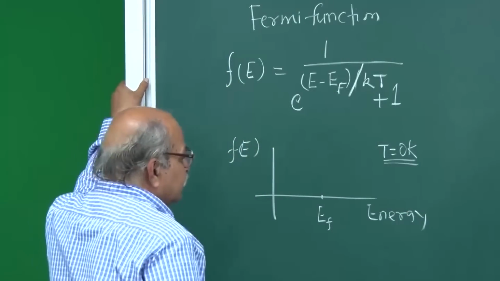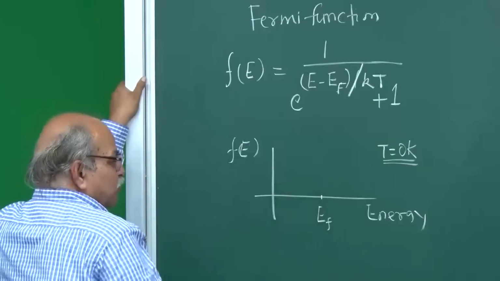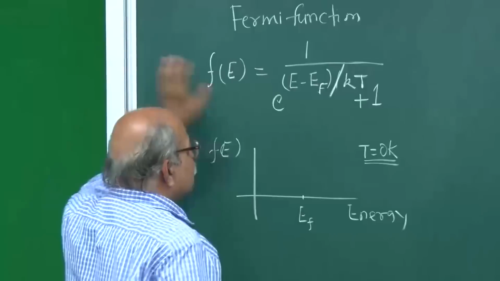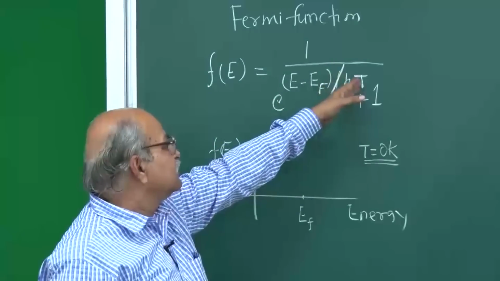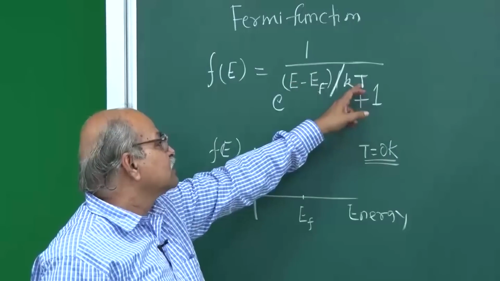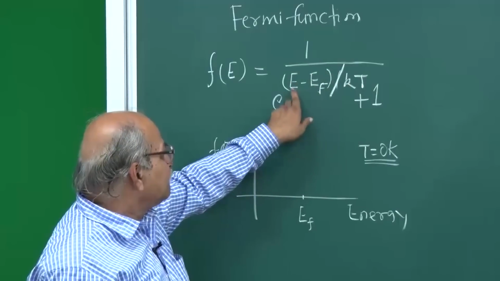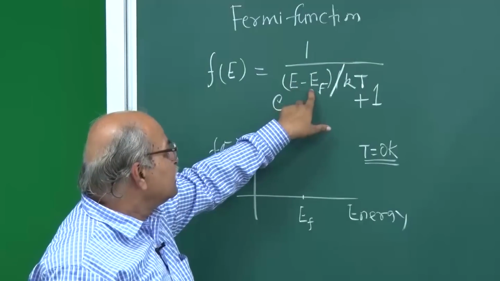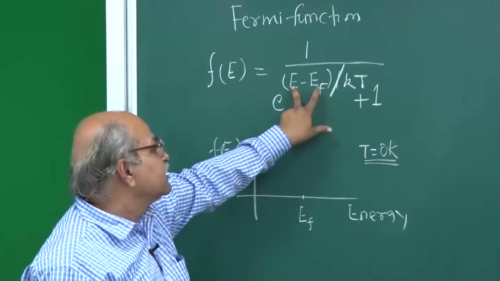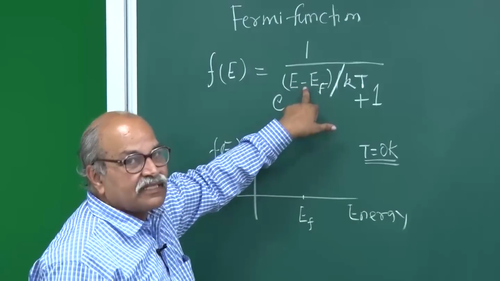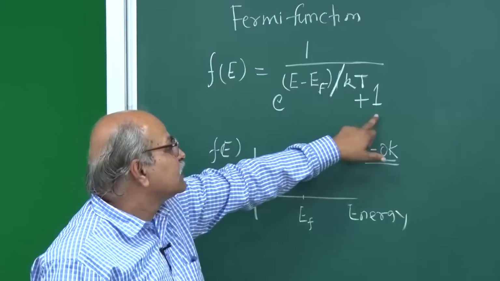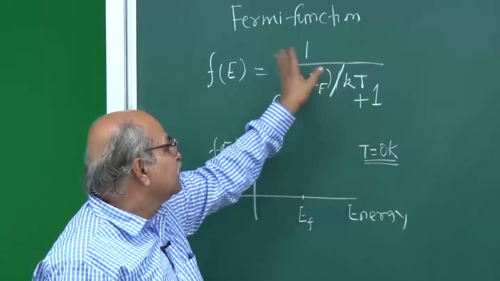If you try to plot this here, if T is 0, this is in the denominator of the fraction, so this is going to be infinity. But if E is less than EF, this is a negative quantity, and so it is e to the power minus infinity, which is 0, and then plus 1. So 1 divided by 1 is 1.